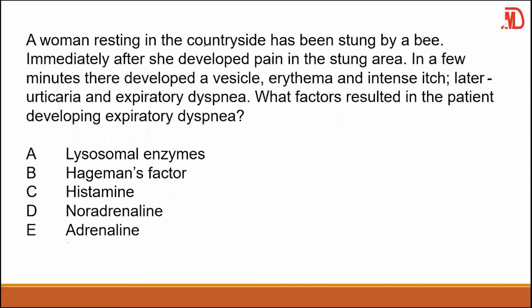A woman resting in the countryside. Countryside, that's like maybe village, isn't it? They say it's village. Me, I don't know. A woman resting in the countryside has been stung by a bee. Again, we have talked about hypersensitivity reaction, like previously.